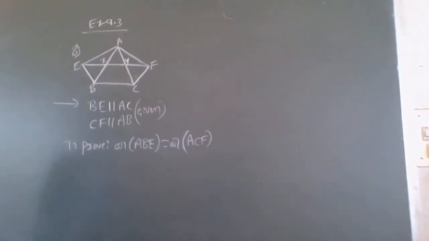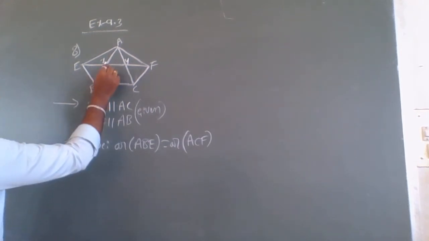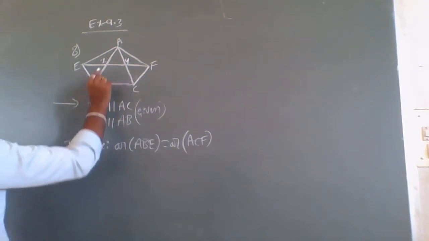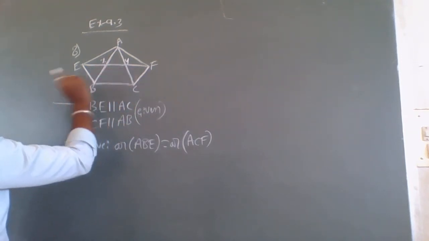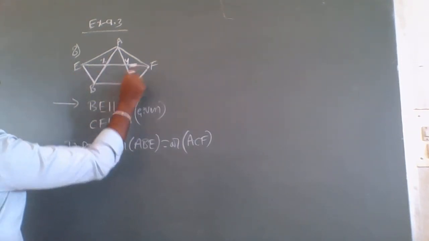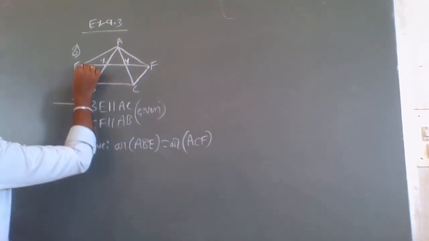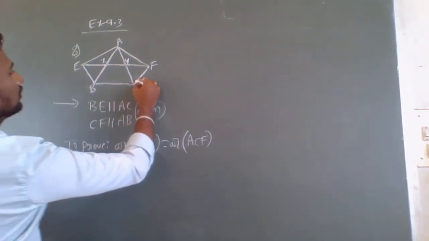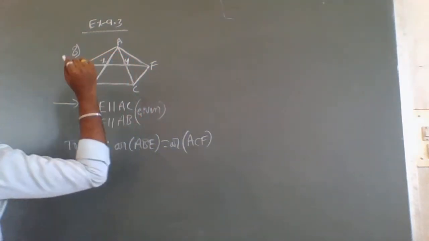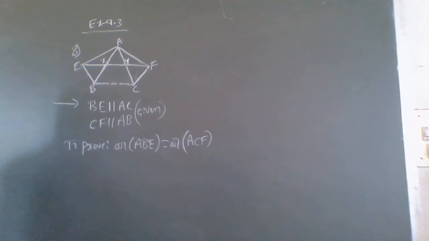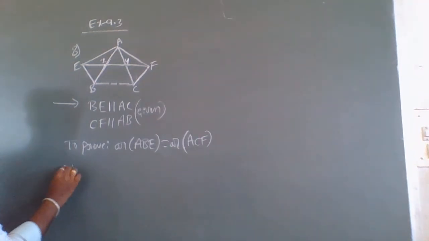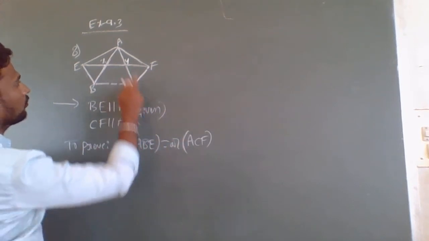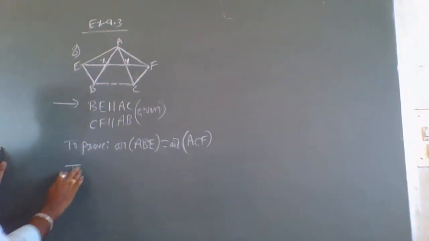So here they have given that this XY is parallel to BC in triangle ABC, and this parallel line XY meet at point E and F. And here they have given that this BE is parallel to AC and this CF is parallel to AB. They have given this. So now we have to prove that area of this ABE equals to area of this ACF.